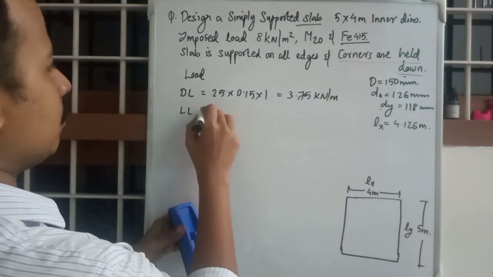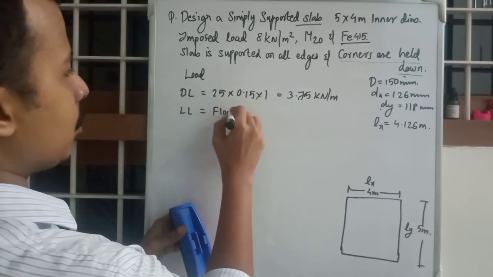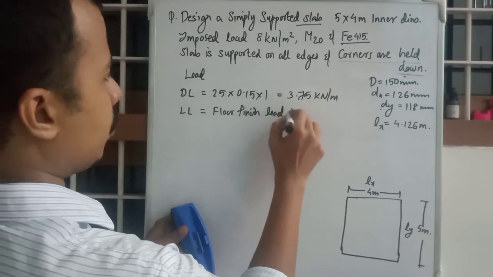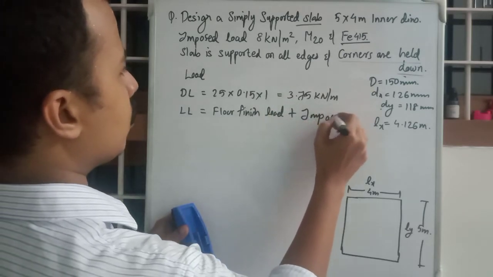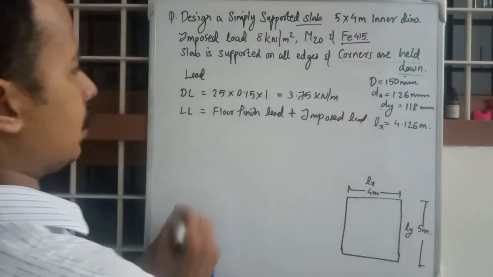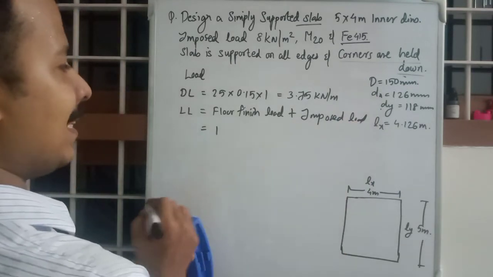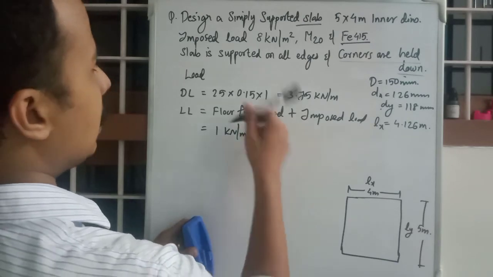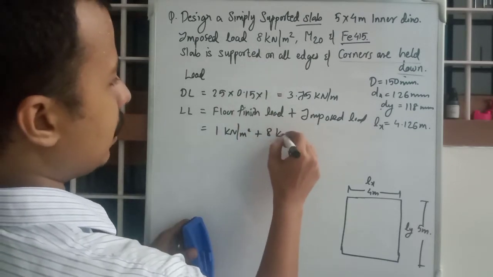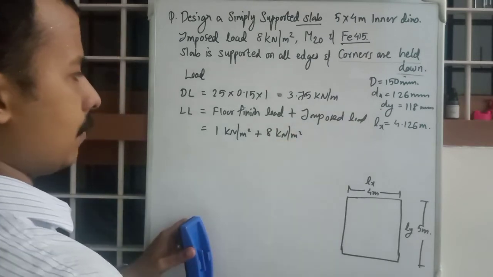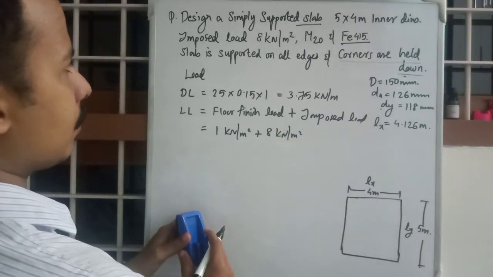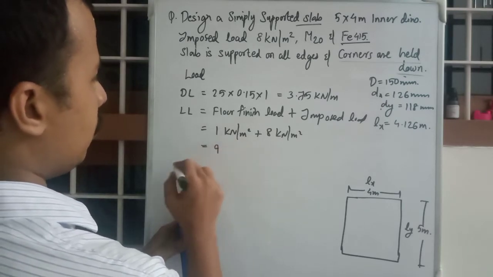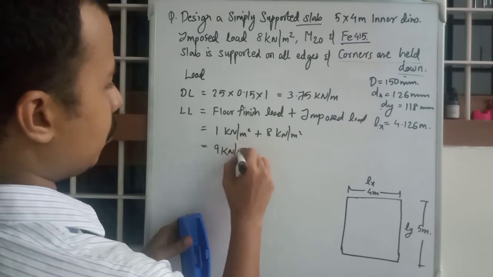Live load will be equal to floor finish load plus imposed load. Floor finish load is usually assumed as 1 kilonewton per meter square, plus the given imposed load of 8 kilonewton per meter square. So you will get 9 kilonewton per meter.